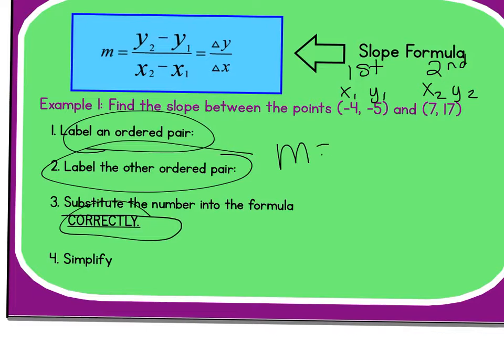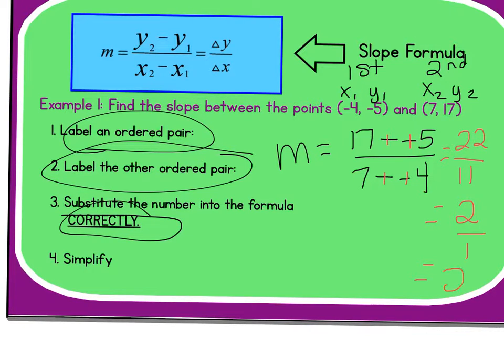So m equals y2, 17, minus y1, negative 5, over x2, 7, minus x1, negative 4. If I have to add or subtract, keep it, change it, flip it, 22 over, keep it, change it, flip it, 11. 22 over 11 can be reduced to 2 over 1, so I would also accept 2 over 1. I would also accept just 2. And because all numbers in these are positive, you know that it's going to be a positive slope.